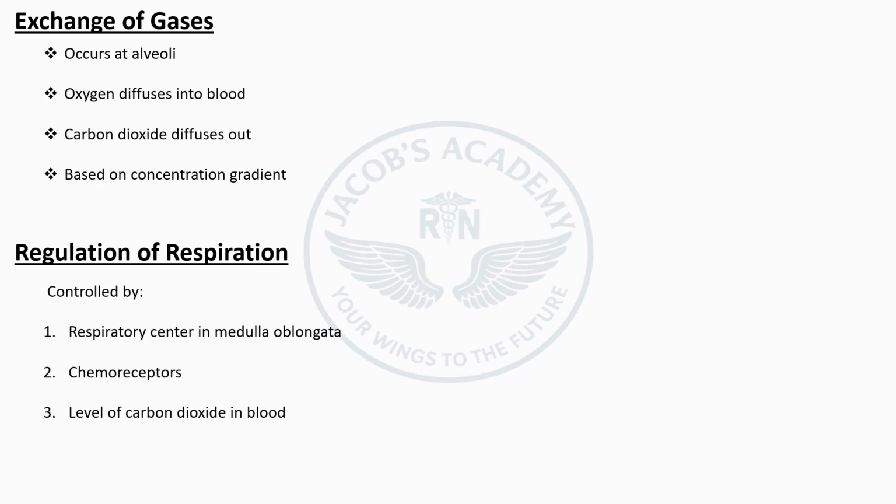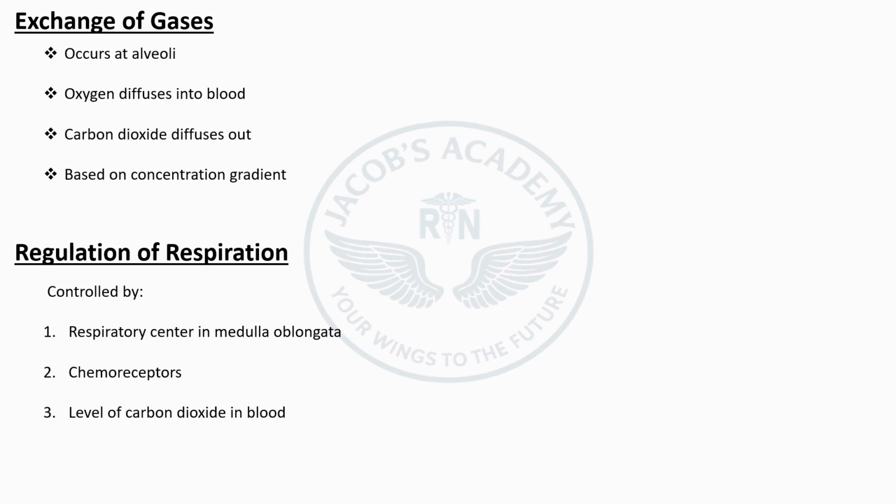Now, let us see how respiration is regulated. Respiration is controlled by the respiratory center located in the medulla oblongata. Chemoreceptors continuously monitor the gases in the blood. The level of carbon dioxide in the blood is the most important factor controlling breathing.